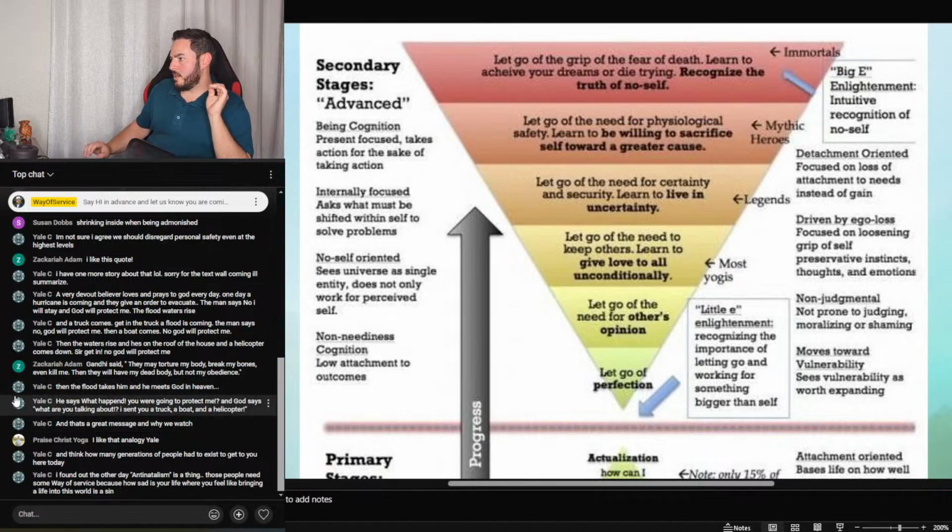Zach says, Gandhi said, they may torture my body, break my bones, even kill me. Then they will have my dead body, but not my obedience. Exactly. They can never take away your free will. That is the ultimate truth, and that's been spoken of by Gandhi in this quote.